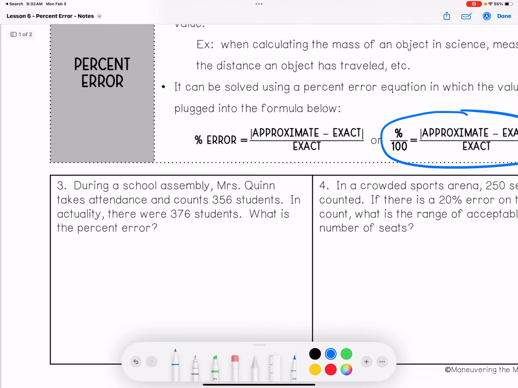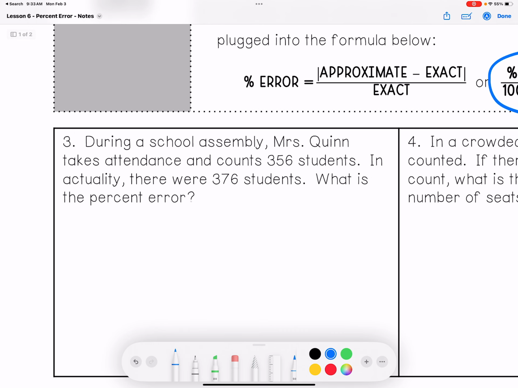All right, so let's look at it. During a school assembly, Miss Quinn takes attendance and counts 356 students. In actuality, there are 376 students there, so she miscounted. What is her error? So we're looking for the percent error. Okay?